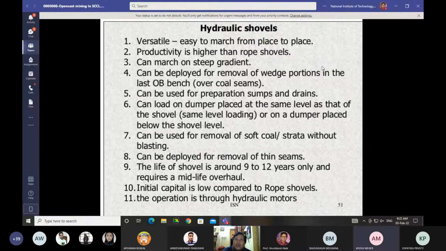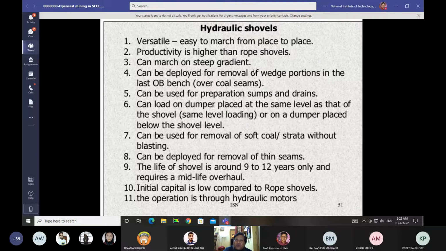Similarly, the hydraulic shovel production is very high. The hydraulic shovel productivity is higher than the rope shovels, and the hydraulic shovels can march on steep gradients. If the gradient inclination of the road is very high, they can easily move.